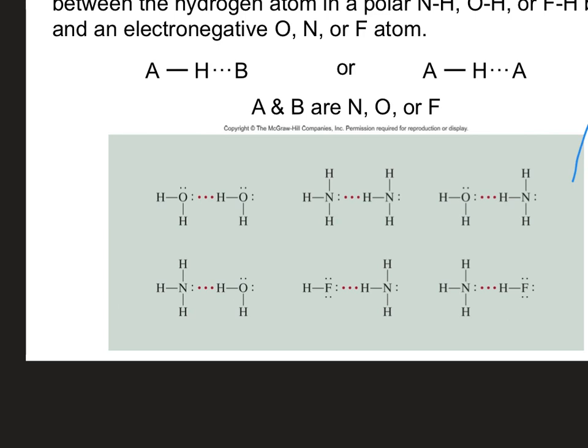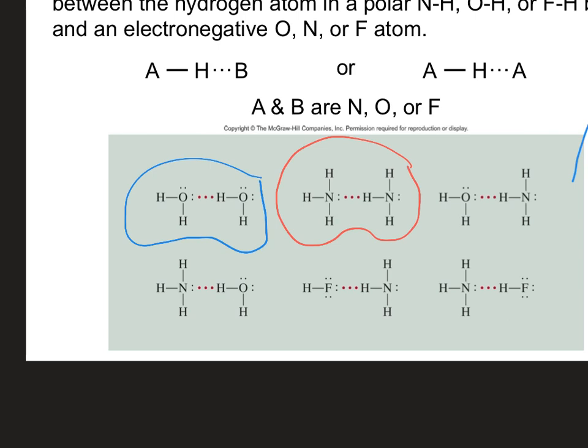This first one on the upper left is just how water molecules will line themselves up next to each other. Again, we talked about the dipole moment. The oxygen of one molecule is going to position itself next to the hydrogen of its neighbor, because that's where the attraction is going to be. And then we can also look at a sample of ammonia right here.